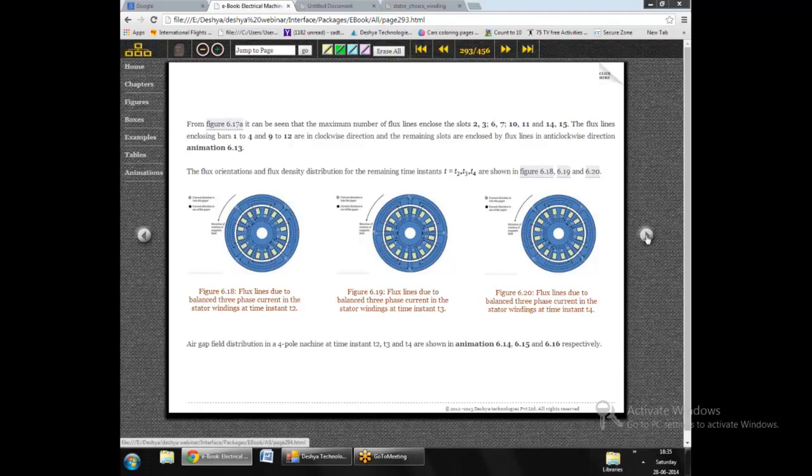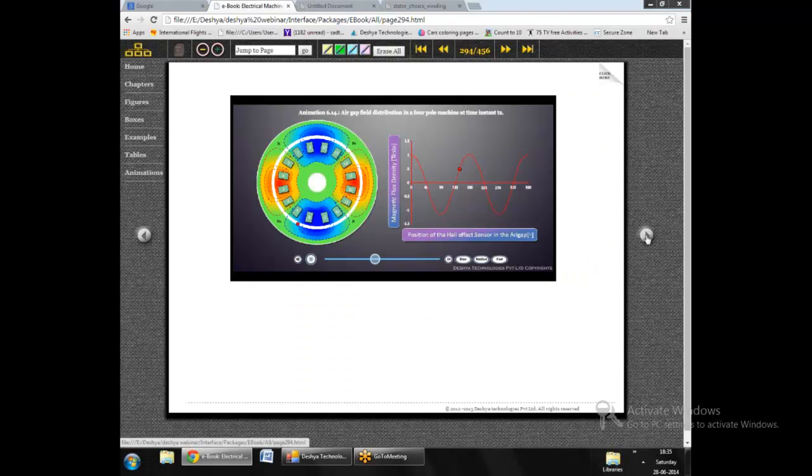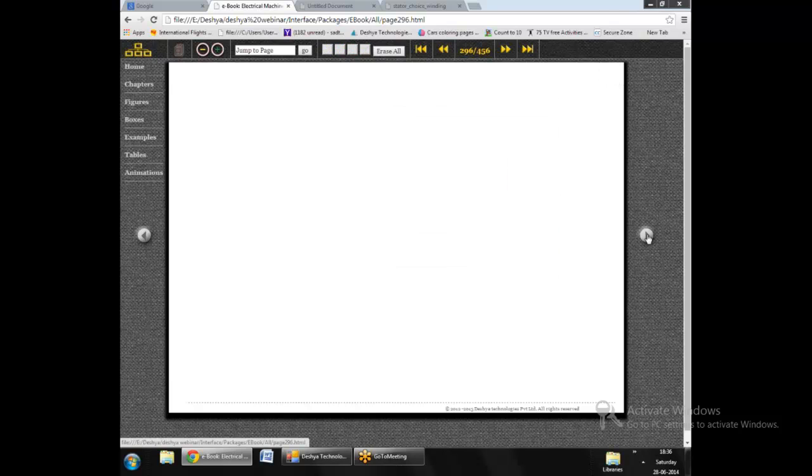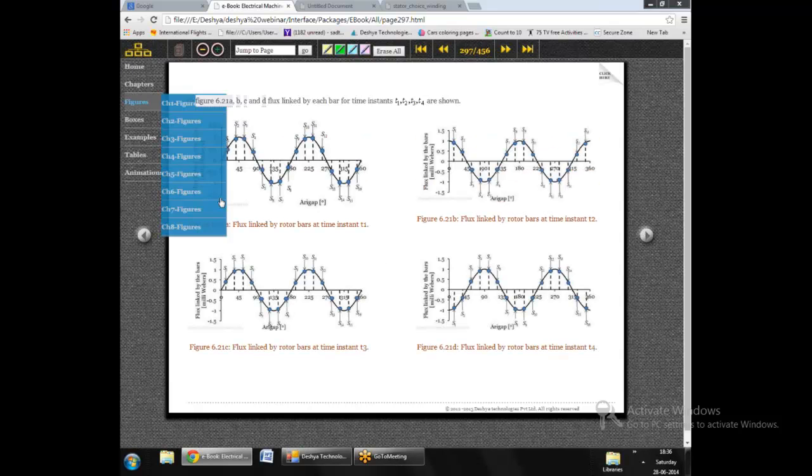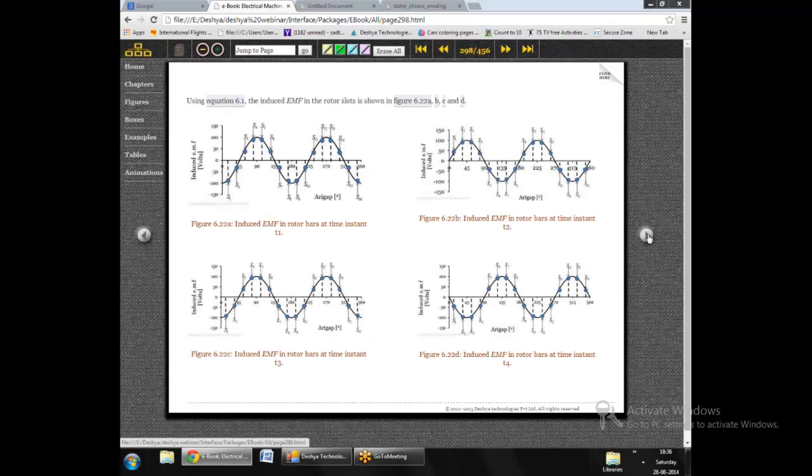Similarly, as the magnetic field of the stator rotates, we can see how the orientation of the field looks at different instants of time. Here the field has again rotated by a certain angle, and then here the field has rotated further at time instant t4, and due to the rotation of the stator's magnetic field, the flux linked by the rotor bars would also be changing, and these are shown here in figures 6.21a to 6.21d.